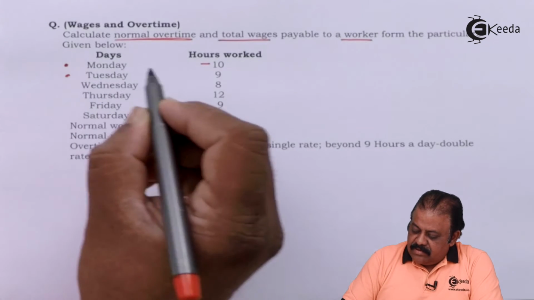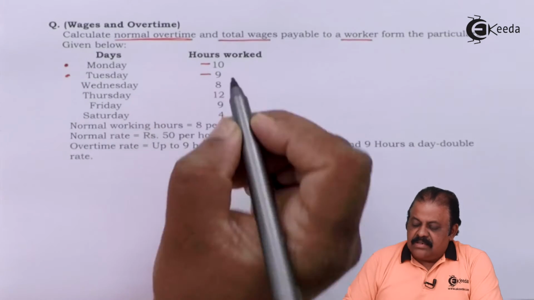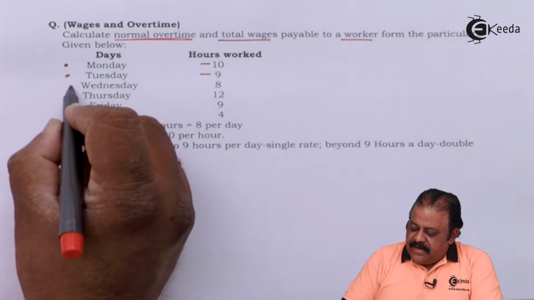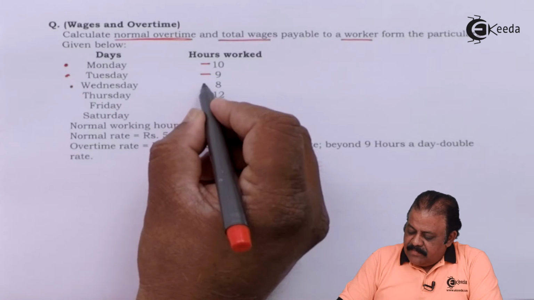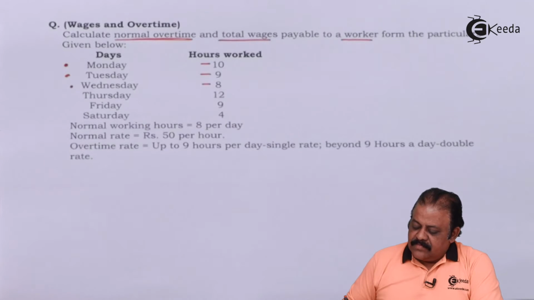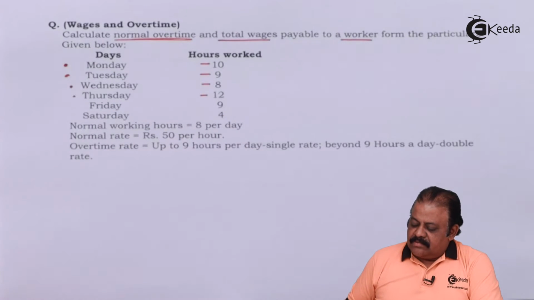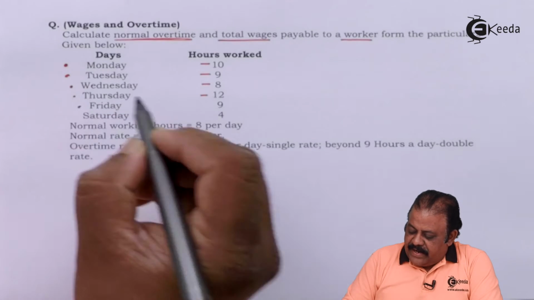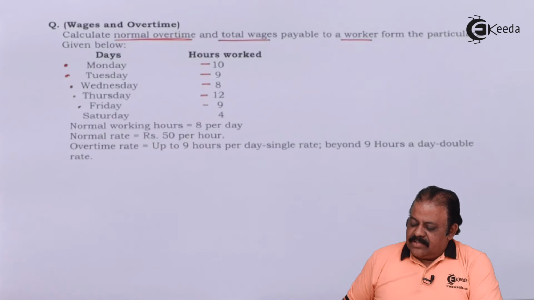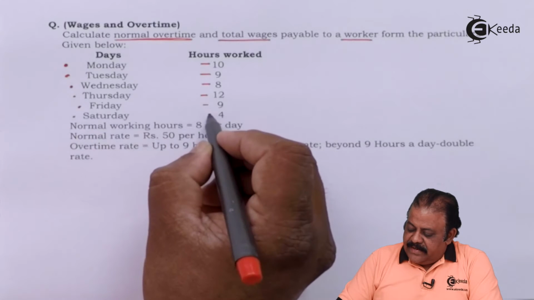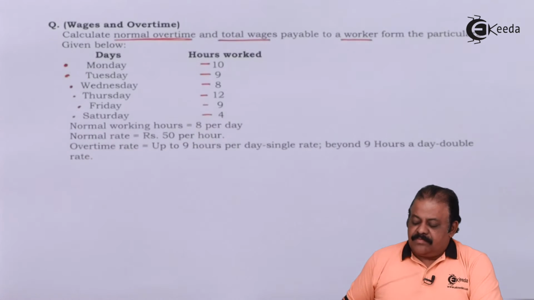Tuesday, hours worked 9 hours. Wednesday, 8 hours. Thursday, 12 hours. Friday, 9 hours. Saturday, 4 hours.